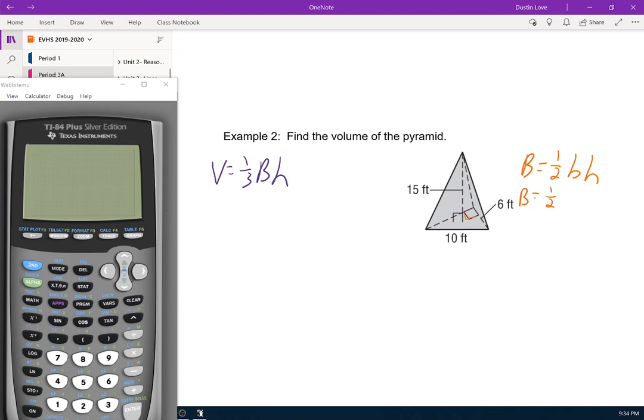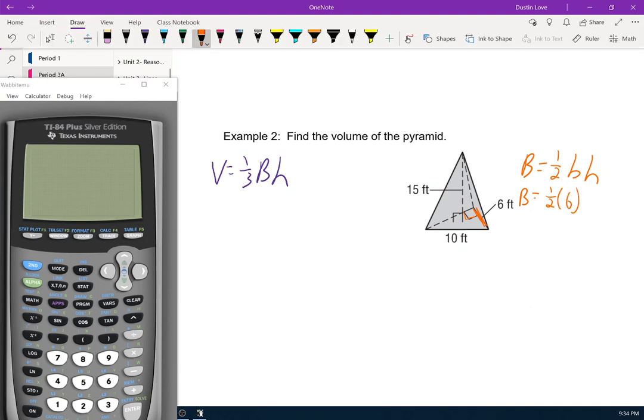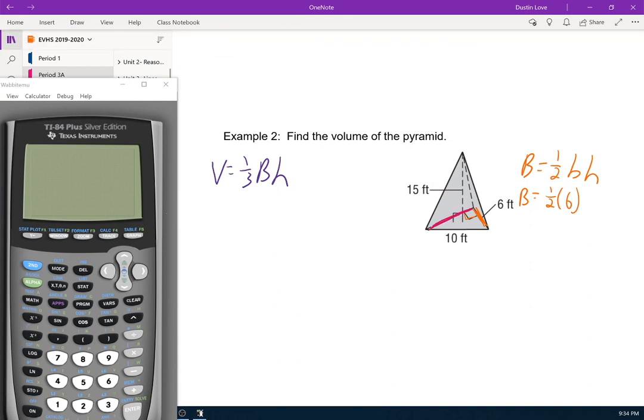Now, since I've got a right angle here, looks like base of the triangle is going to be this 6. And then the height of the triangle is going to be this side, the one that is the altitude at the right angle. Now I've got to back up and find that. So we've got our a squared plus b squared equals c squared.